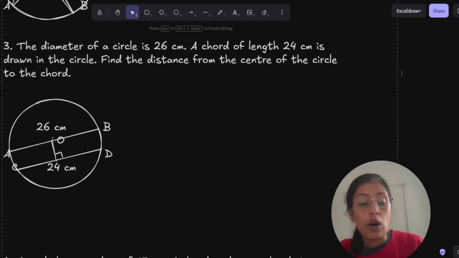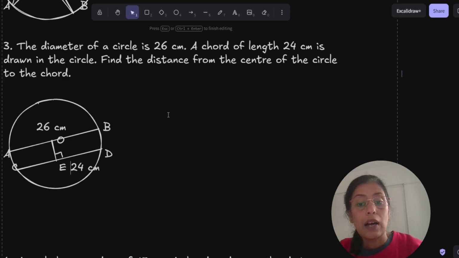So we draw a perpendicular from the center to this chord. We have called the chord CD, and I should call the foot of the perpendicular E. So from O to E, this OE is something that we have been asked to find.